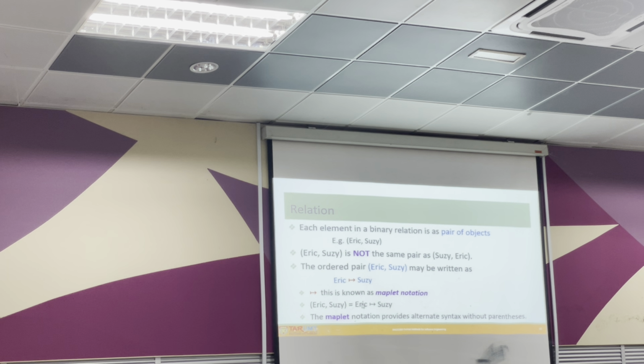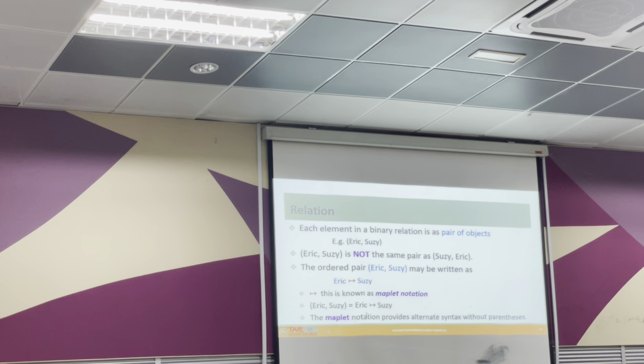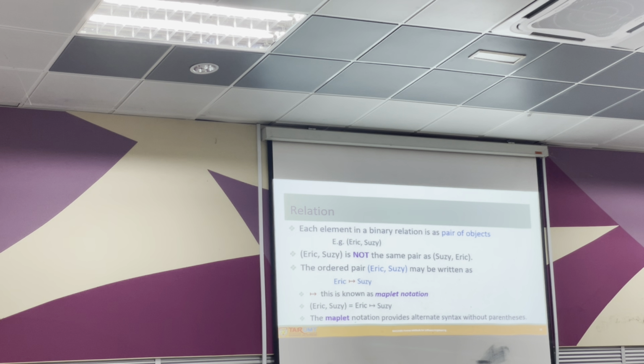In this example, Eric has a relationship with Susie. If you put Susie in front and Eric after that, they are two different records already, so you cannot interchange them. If you have Susie to Eric and Eric to Susie, these are two different records, meaning the domain is different and the range is different.